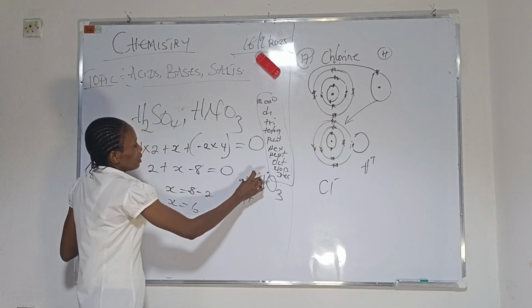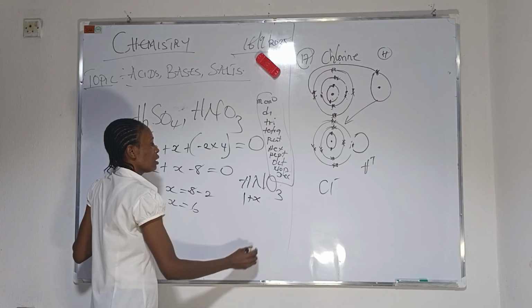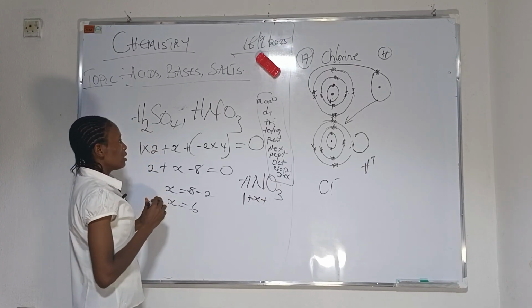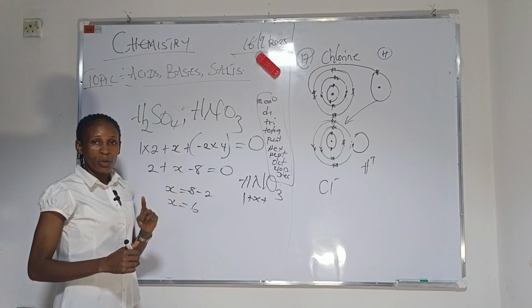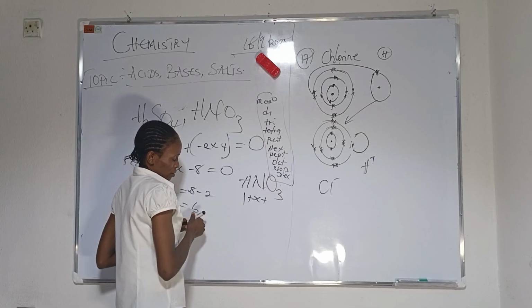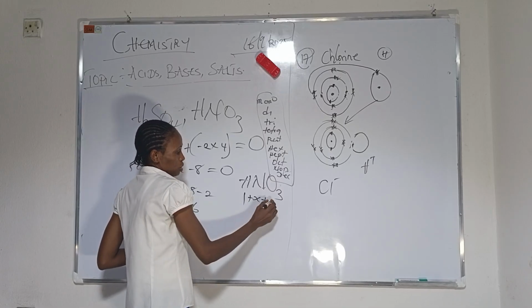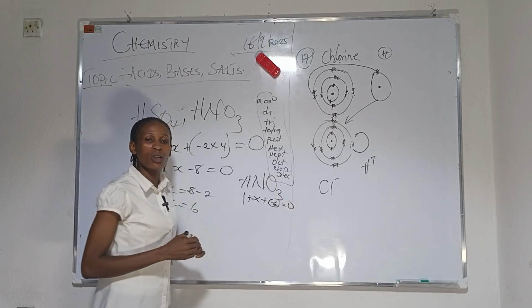Plus, my nitrogen is what I am looking for, just like this very one, x. Plus, that same thing we did with what? Oxygen. What am I going to do now? I will do minus 2 times what? 3. Minus 2 times 3, you should know is minus what? 6.